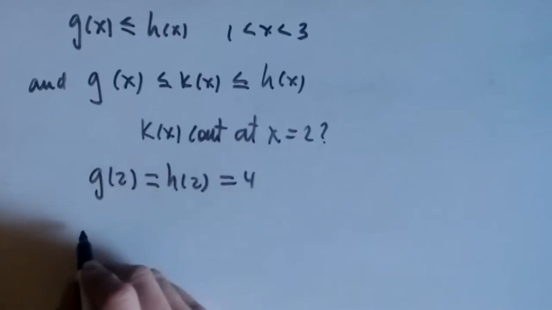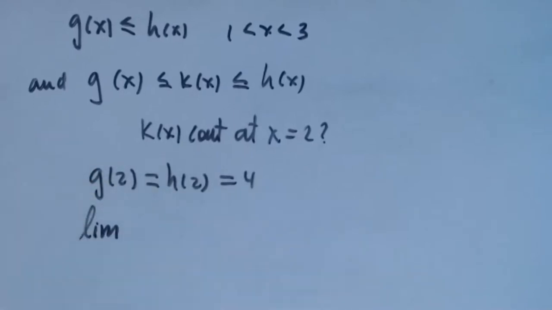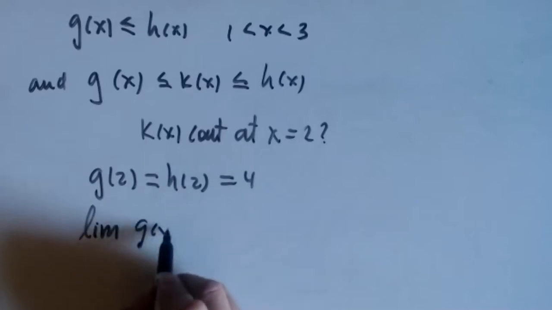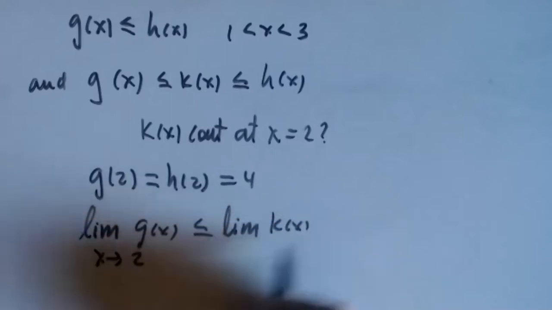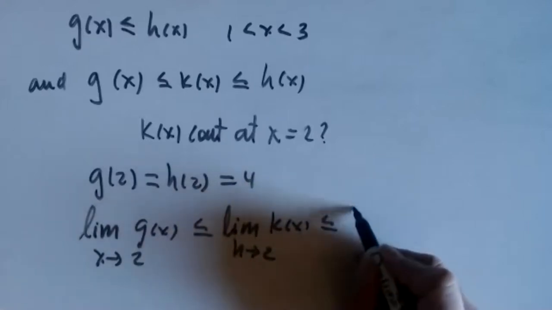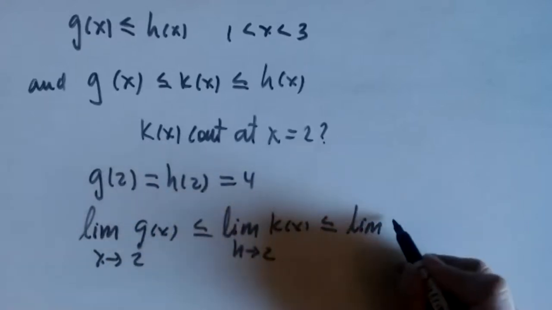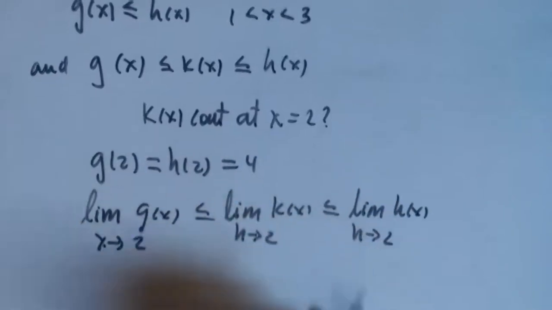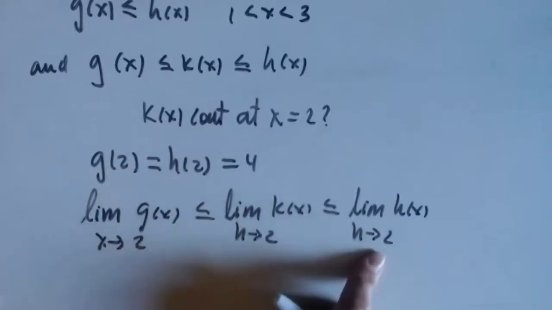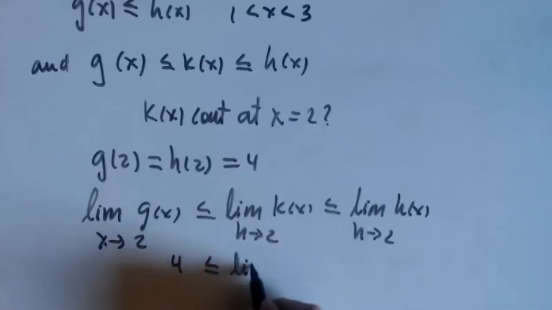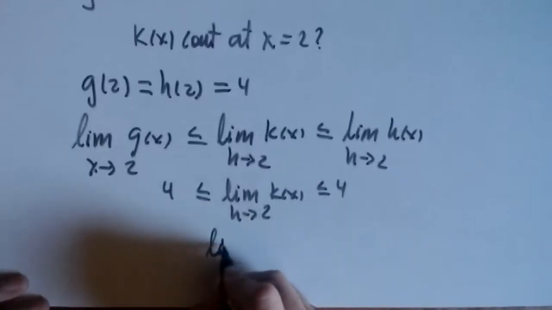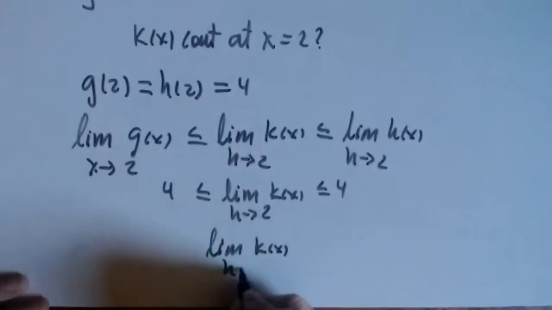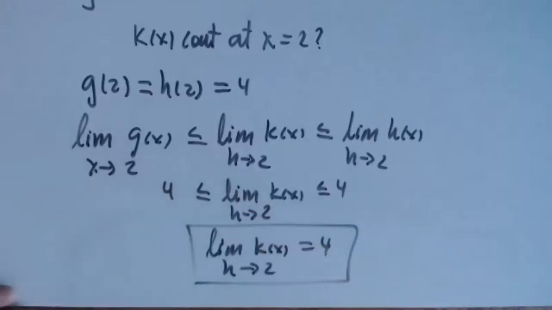So if we take the limit, right, of g of x when x approaches 2, less or equal than the limit of k of x when x approaches 2, less or equal than the limit of h of x when x approaches 2, this is going to be 4 and this is going to be 4. So 4 is less or equal than the limit of k of x when x approaches 2, less or equal than 4. So this means that the limit of k of x when x approaches 2 is 4, correct?